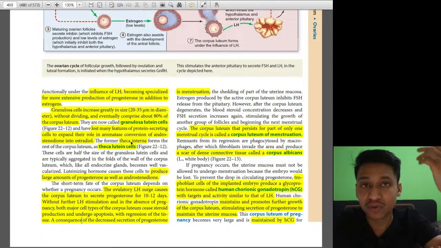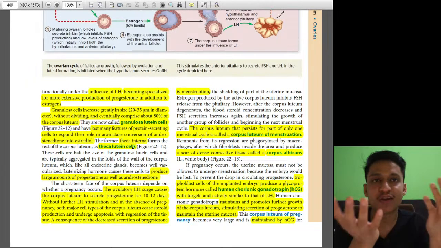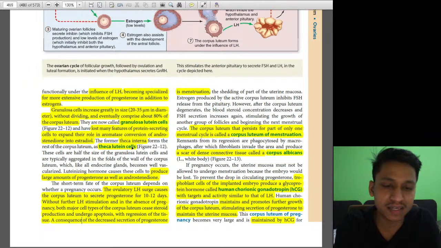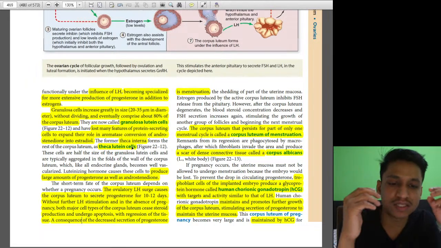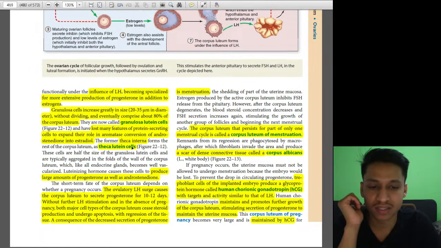The former theca interna forms the rest of the corpus luteum as theca lutein cells. Because the structure has changed, we cannot just call them granulosa cells and theca interna. We are going to call the same structures in the corpus luteum granulosa lutein cells and theca lutein cells.